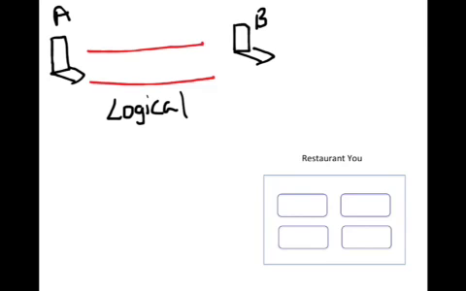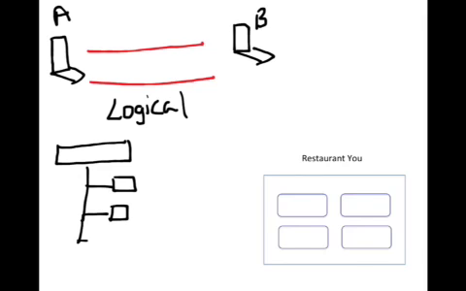Packet switching is a reservationless system where for every message you have, you take the message and you break it up into smaller packets, and then you send the individual packets one at a time through the network without making any reservations, and that kind of a system is called a packet switched network.